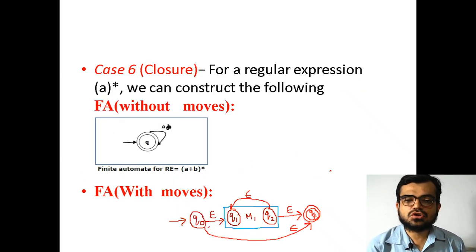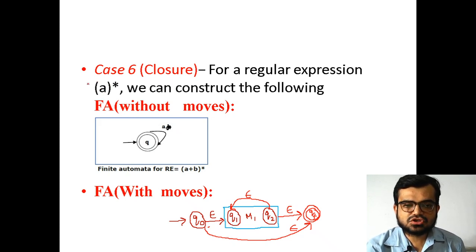The next case is the closure operation, or Kleene star closure, or Kleene closure. Here I am taking a single input, and closure means repetition. So when it is repeating, how is it repeating? In a simple way, without epsilon moves, directly this is my initial state, this is my final state, and A is repeating.